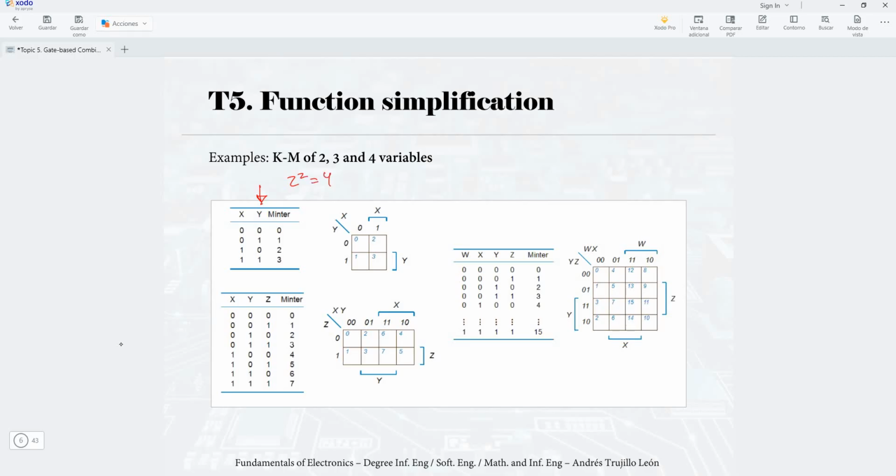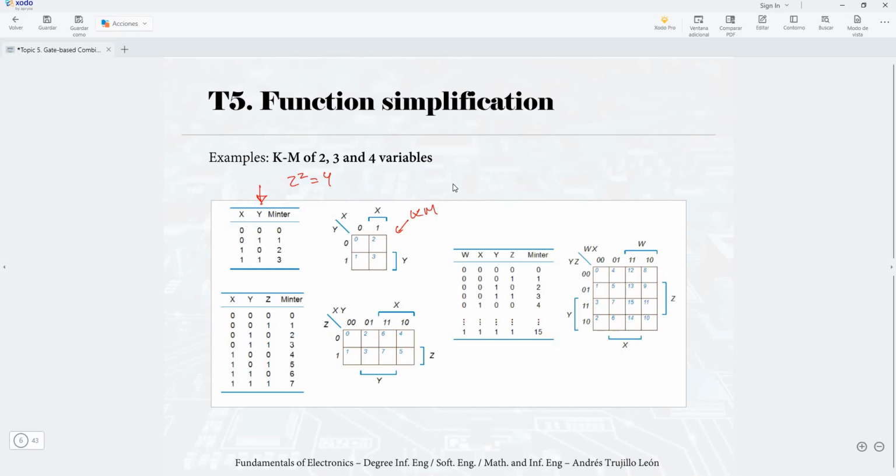We need 4 cells. So we need this Karnaugh map. And remember, in a Karnaugh map the variables are going to be organized following the gray code. In this case, it doesn't matter because the gray code is the same as the natural binary code.